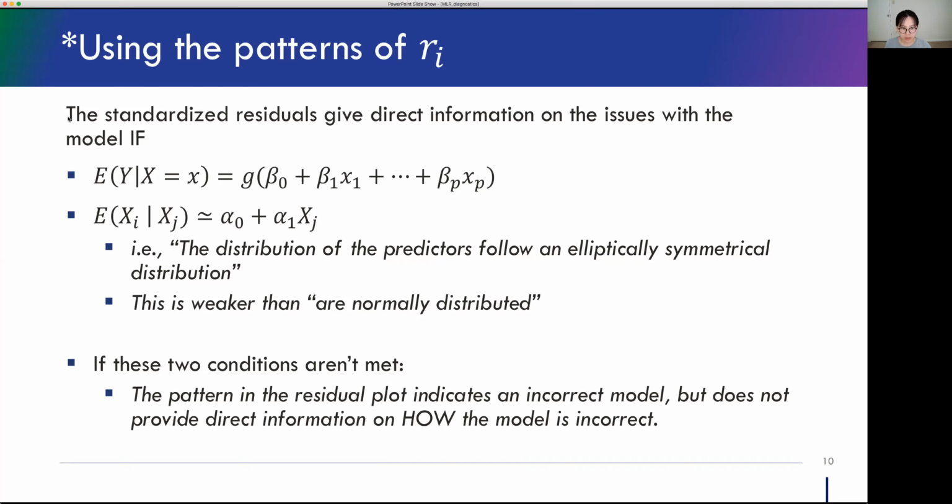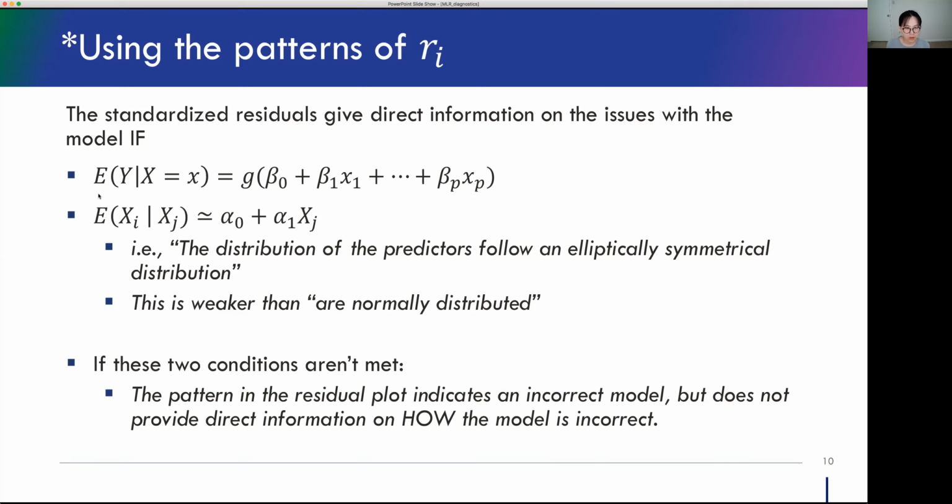Well, the standardized residual gives direct information on the issue with the model, as we mentioned, if these two conditions are met. This is the condition that you have to meet in order to check your standardized residuals.